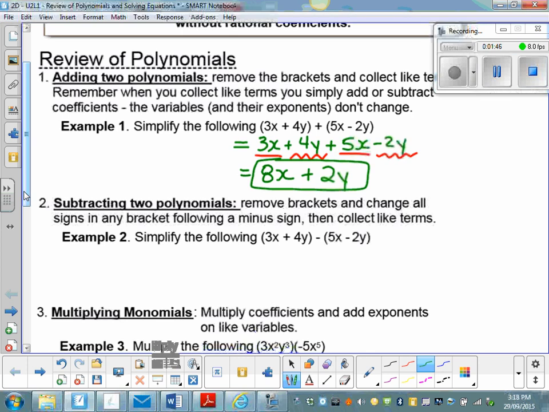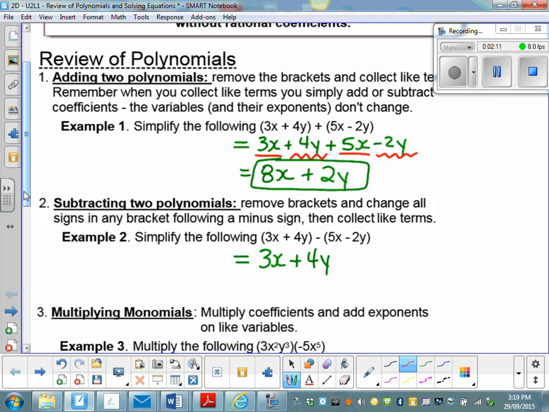When I'm subtracting two polynomials, that's a little bit different. The first bracket is not affected at all. So 3x plus 4y I can rewrite without the brackets. But the rule is that when there's a subtraction sign in front of a bracket, it's going to change the sign of everything inside that bracket.